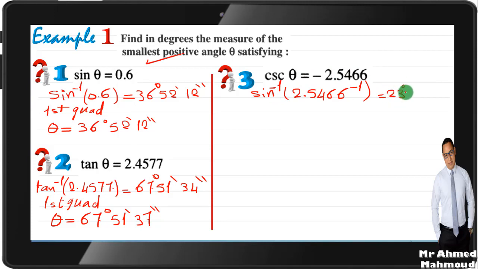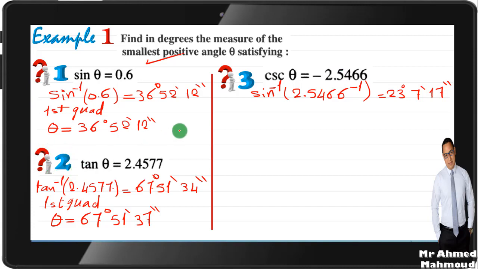So the angle will be 23 degrees 7 minutes 16.99, or 17 seconds. It will be like this: 23 degrees 7 minutes and 17 seconds. Here cosec is negative in the third and in the fourth quadrants. I will choose the smallest, which is the third.